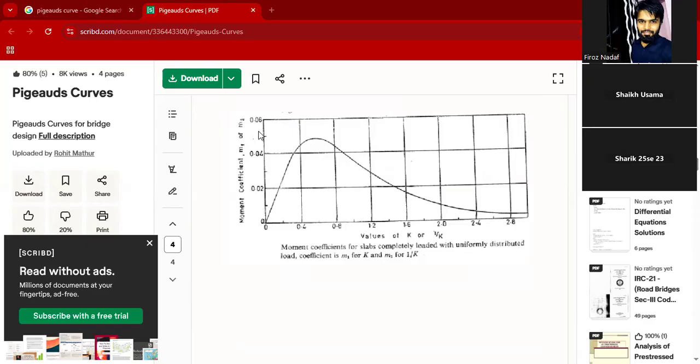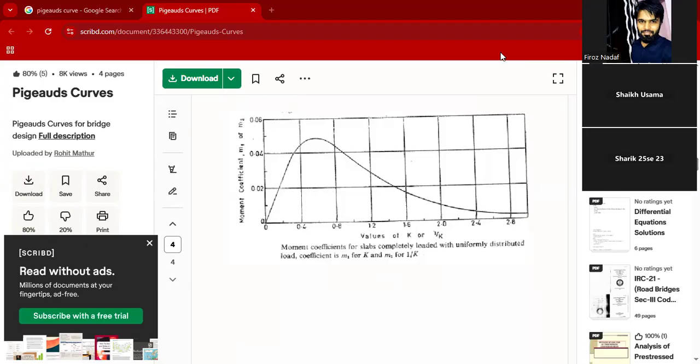Directly from the y-axis, you are getting the value of M1 or M2, and in the x-axis, they have given the value of K or 1 by K. Here they have mentioned M1 for K and M2 for 1 by K. The K value is 0.5, so for 0.5 you see what will be M1, and for 1 by K, which is 2, you see what is the value of M2 from the y-axis.